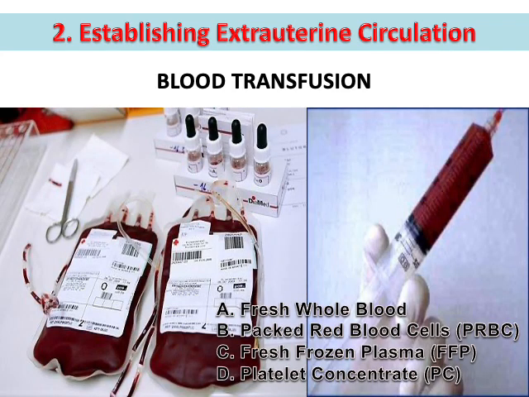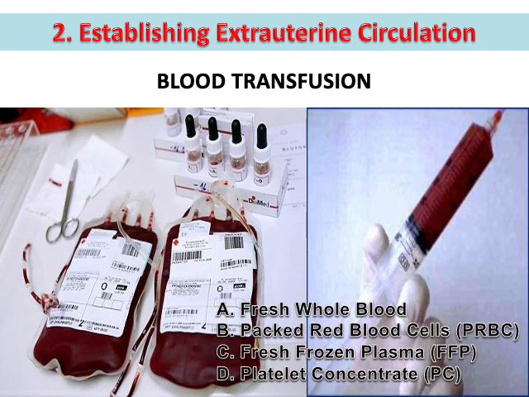Blood transfusion is another important intervention to make sure that the circulation is well established. Nurses administer blood. Take note that there are different types of blood that can be administered. One is fresh whole blood.